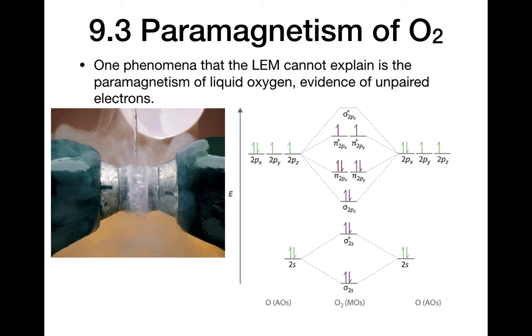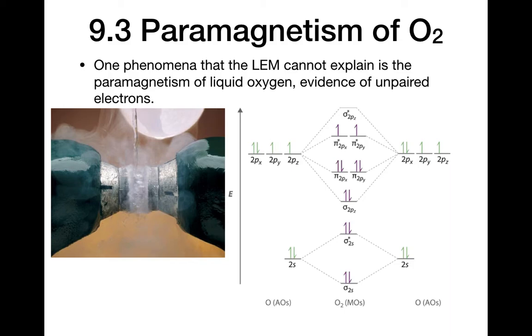Focusing in on that oxygen O2, sigma 2s, sigma 2s star, sigma 2p, pi 2p's, and then the pi 2p stars that are unpaired, the paramagnetism of liquid oxygen is shown by pouring liquid oxygen between the poles of a powerful magnet.